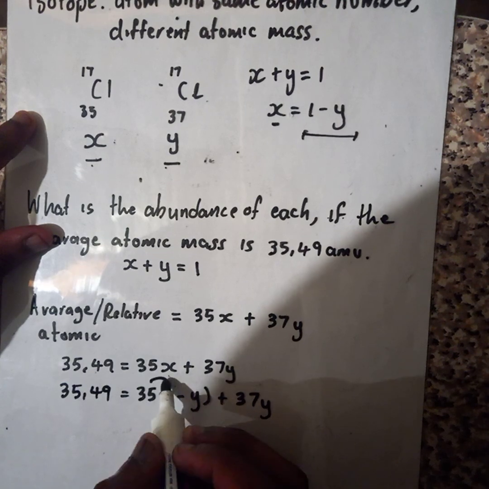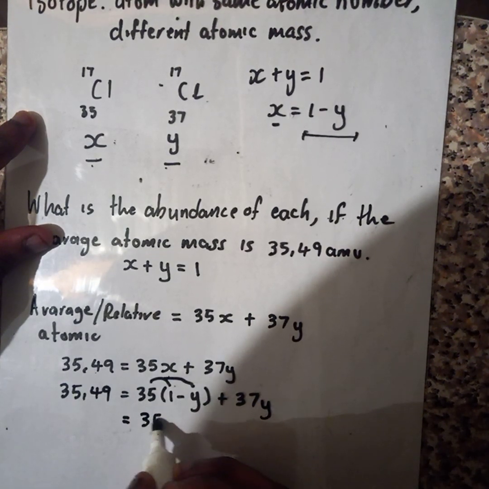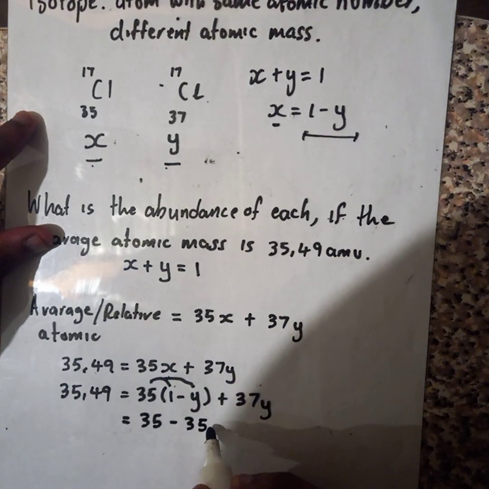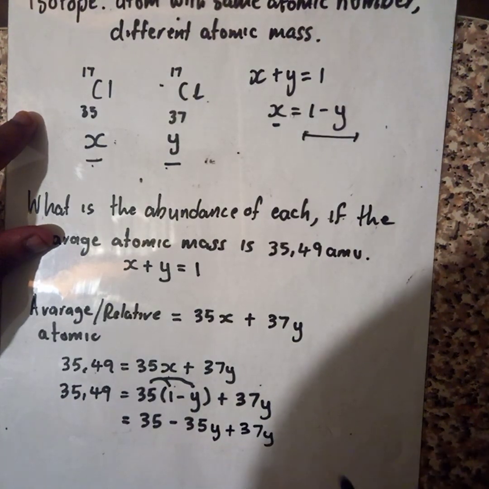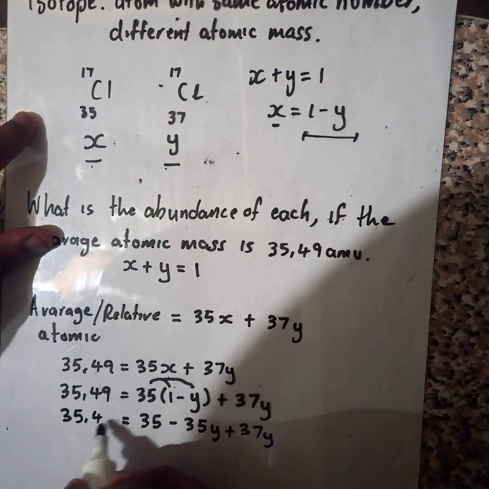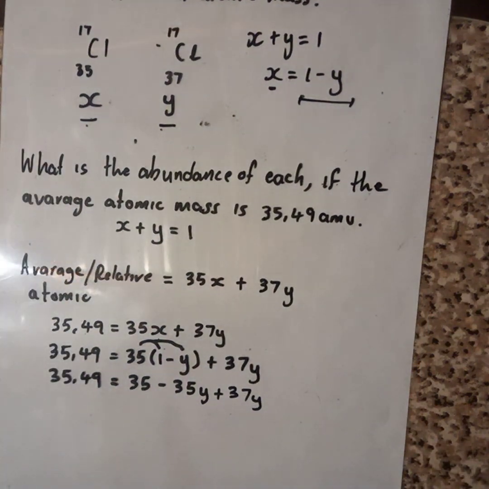Let us distribute everything. We get 35 minus 35y plus 37y, equals 35.49.